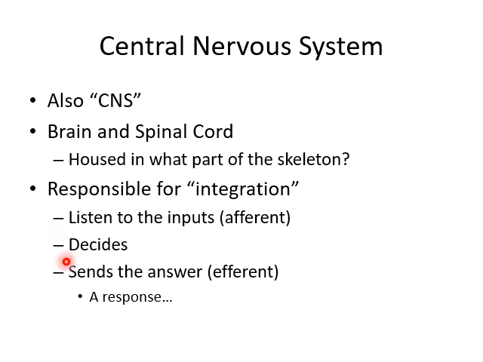The central nervous system decides what's going on and then sends an answer down efferent nerves. So some sort of response. We take the inputs, we integrate them, we decide, yes, no, whatever it is, and then whatever decision's been made, we send that answer out into the body from the central nervous system.